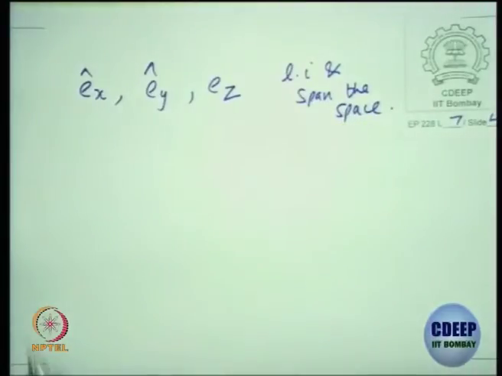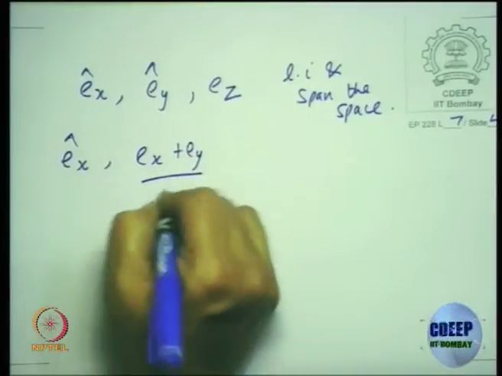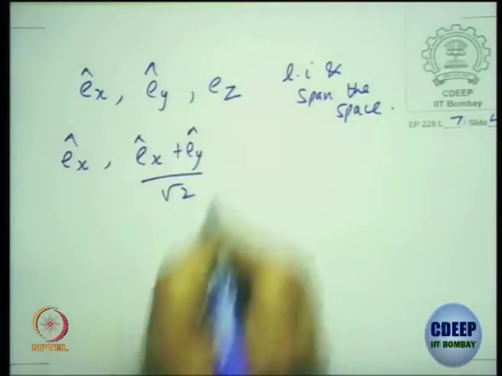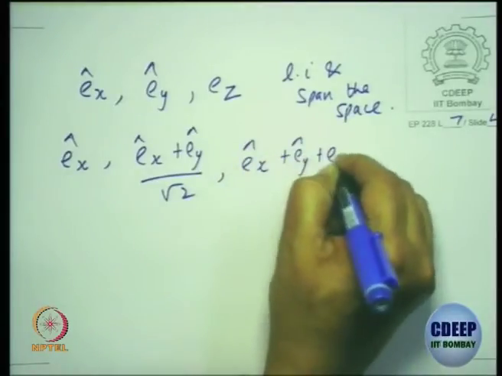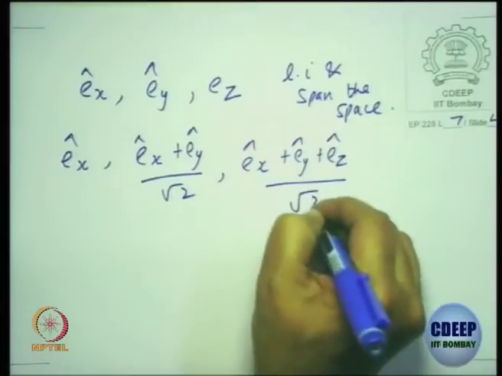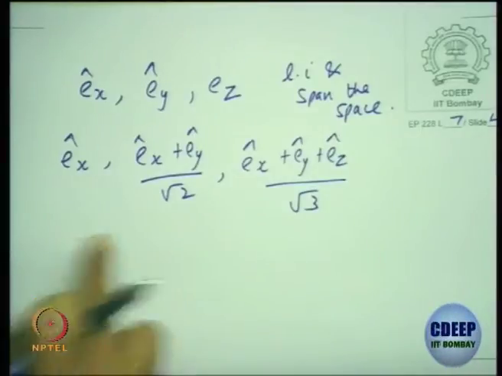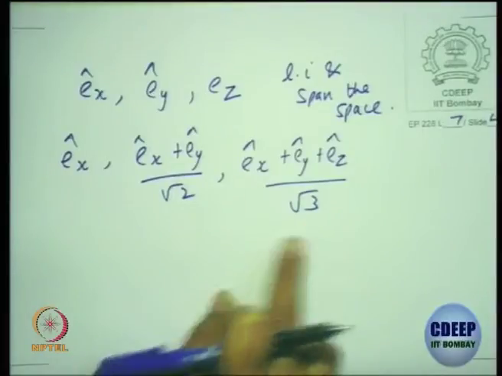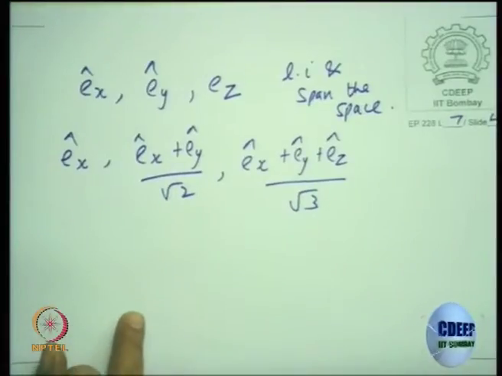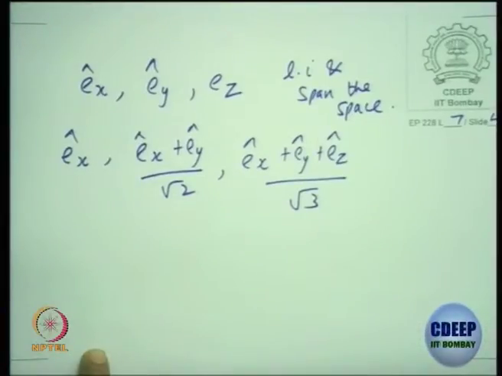You could also have something else like Ex plus Ey by root 2, Ex plus Ey plus Ez by root 3. Why am I putting the denominator? So that they can be like unit vectors. Are these also spanning the space? They are also spanning the space. Are they also linearly independent? Any arbitrary vector, you can write in terms of these 3.